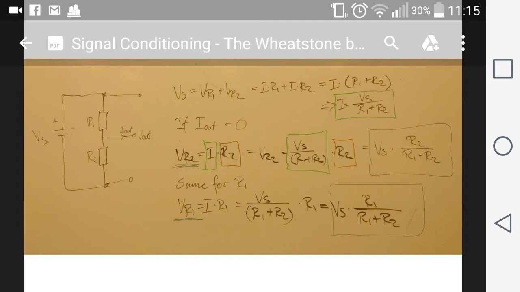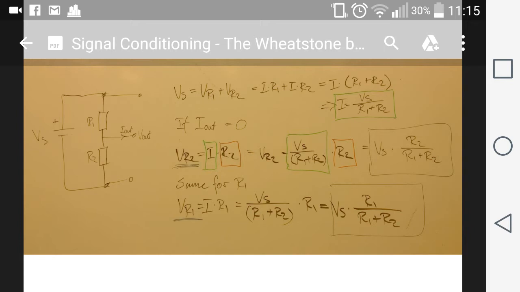If we rewrite this with respect to the current, we get that the current is equal to the voltage source divided by the sum of the resistors R1 and R2. Now, if we want to take the output voltage over R2, then we would think that there should be a current flowing in that direction too.